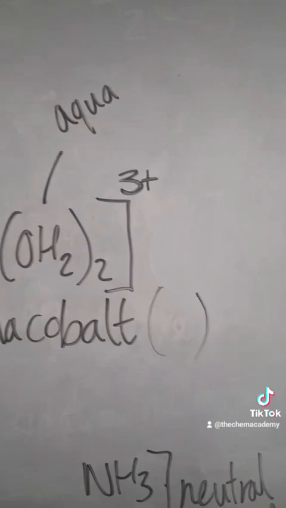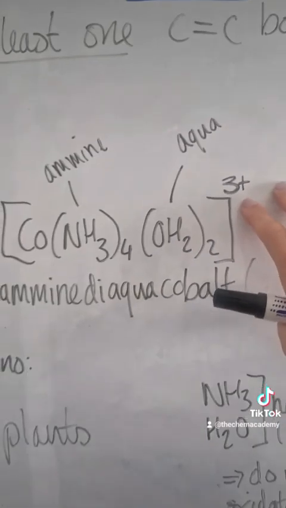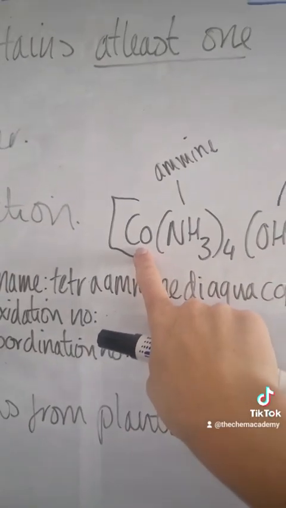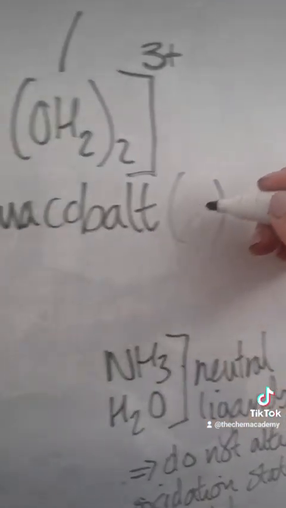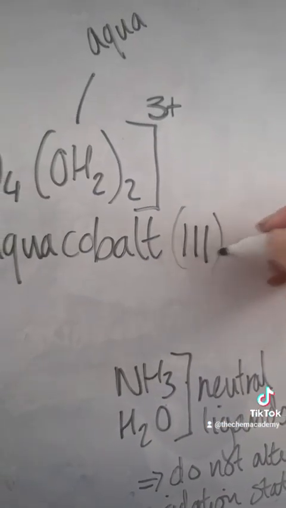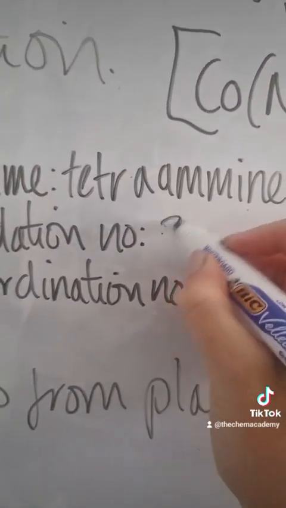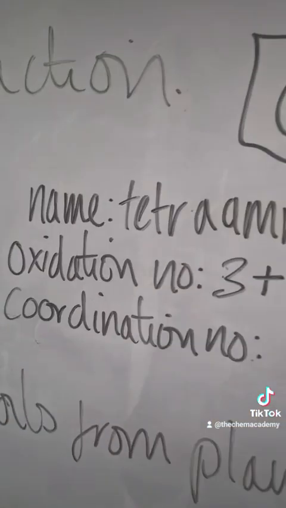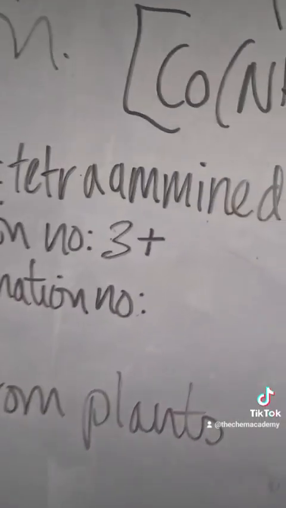However, we need to then look at the overall charge. The overall charge is 3 positive, which means this cobalt must be 3 positive, giving us the Roman numeral 3, because the oxidation number is 3 positive. So now we have the full name of the complex, tetraamine diaqua cobalt(III), and we know that its oxidation number is 3. If you're still with me, let's look at the coordination number.